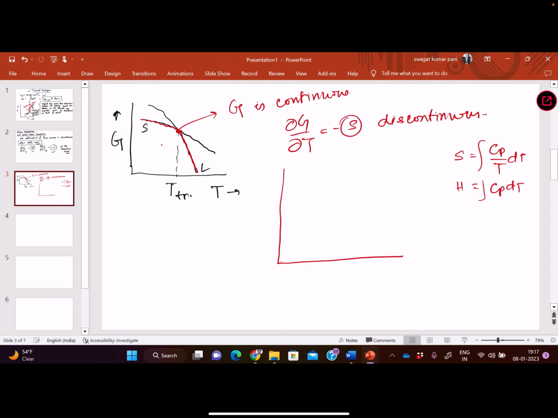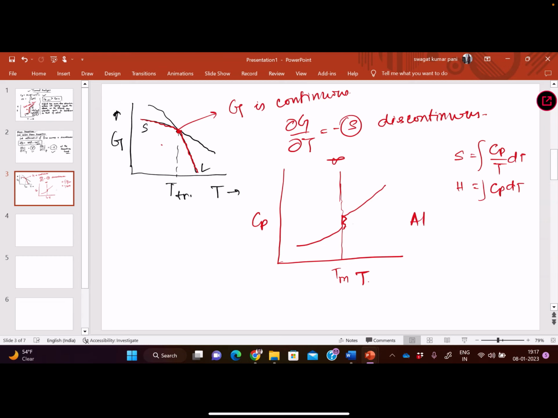Similarly, how will Cp versus T look for a first order transition? It will come like this at the melting point. Suppose this is the melting point. At this point it becomes infinite. Then it will go something like this. So here Cp is infinite. Why?